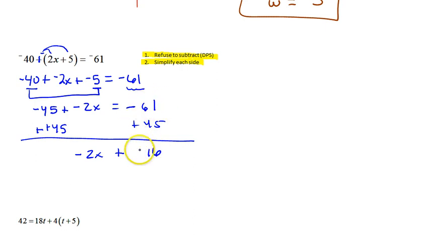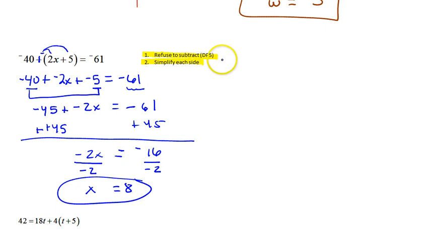The absolute value of 61 is larger, so it's negative 2x equals negative 16. Now I want to undo multiplication, so I'm going to divide both sides by negative 2, and I get x equals 8.